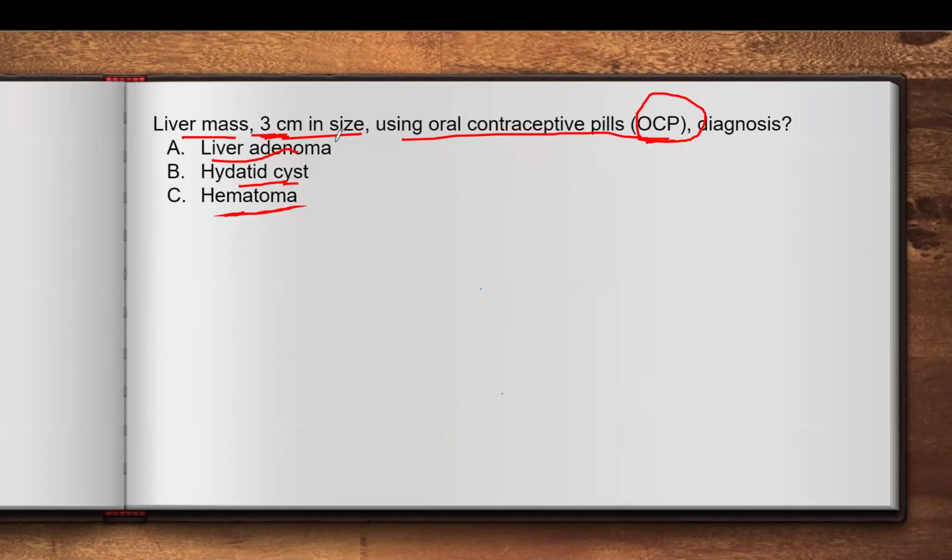Okay, surgery is done. And in case of males, the cause can be anabolic steroids. Okay, males who use anabolic steroids while doing gym can develop hepatic adenomas as well. So for males, any size, you do the surgery. Why?